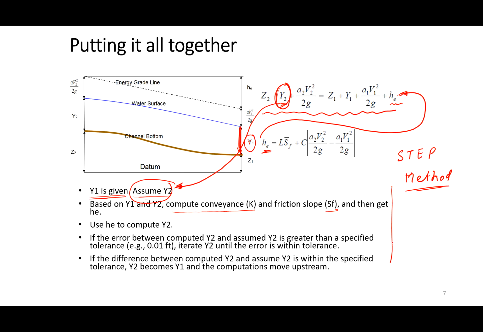This is the procedure. We really don't have to do this by hand. HEC-RAS does this for us, so I'm just explaining how this works. This is how the Manning's equation is used in HEC-RAS to find the head loss and the velocity terms and so on.